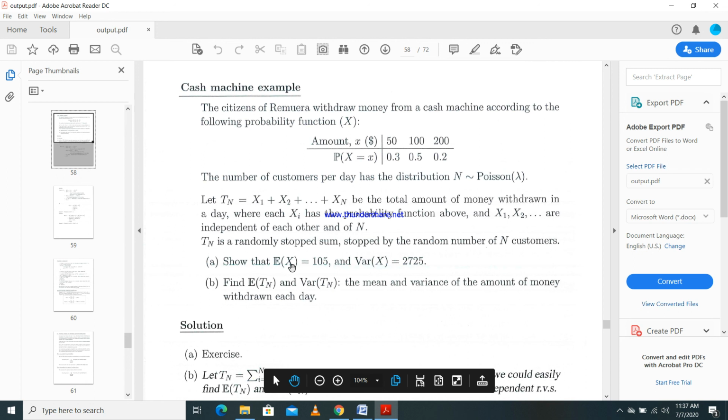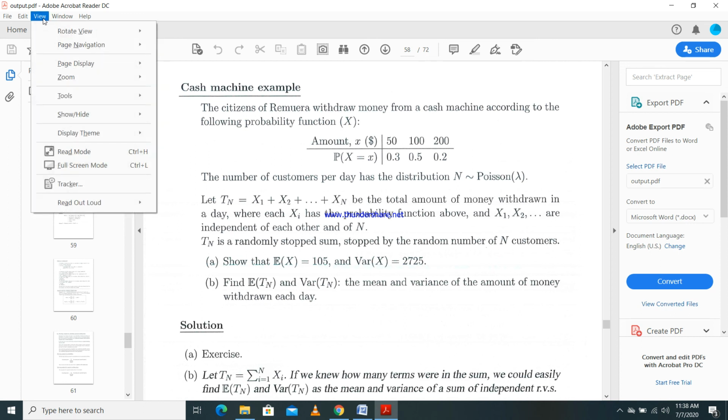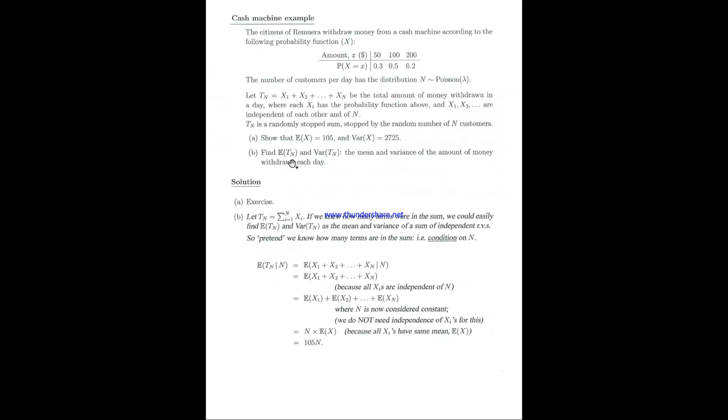Right? See, the expected value of x is 105 and the variance is 2,725.